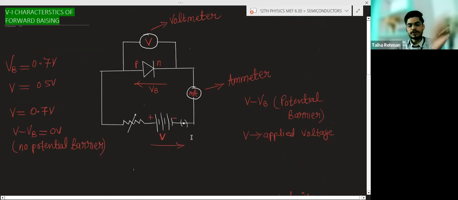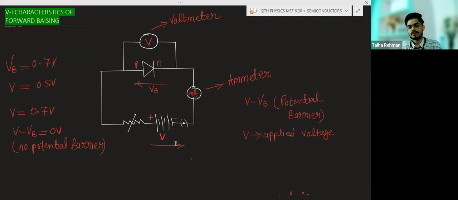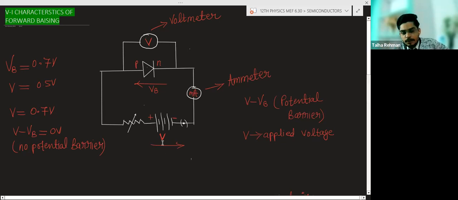So we will see when we will increase this voltage in the forward direction, the potential barrier will reduce. The potential barrier will reduce means the flow of majority charge carriers will increase, and depletion layer thickness will decrease, and the resistance for the majority charge carrier will decrease and the current will increase when you will increase the potential difference.